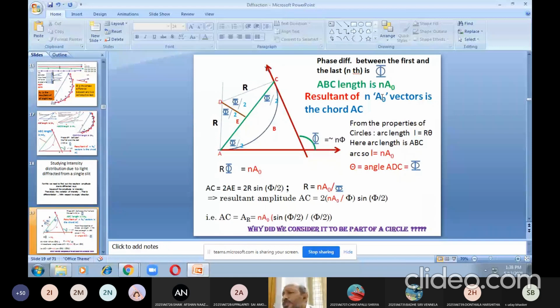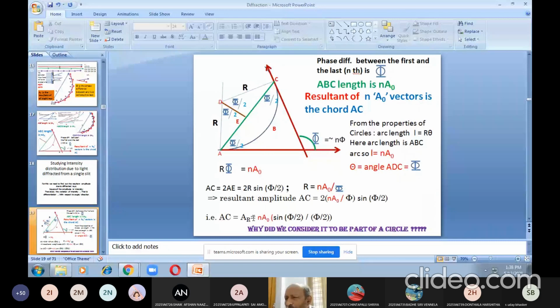All the waves with A naught amplitude, when superimposed, give the resultant amplitude AC, which can be expressed as n A naught sine phi by 2 by phi by 2.